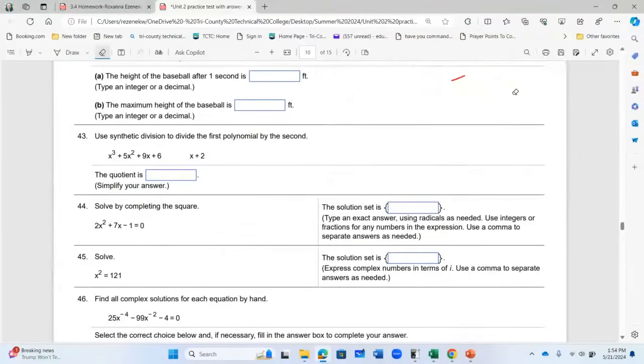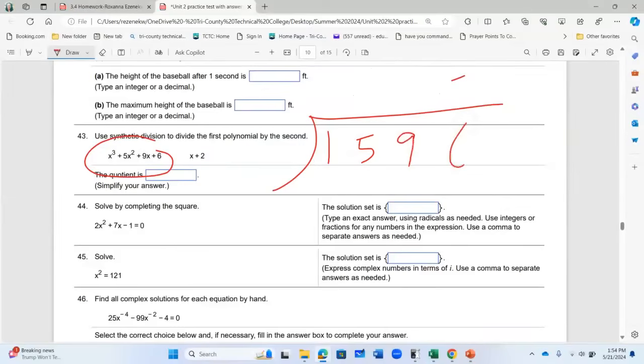I am told to use synthetic division. If I'm doing synthetic division, I first have to write the polynomial and make sure it's in standard form, and I'll put the division sign. This is a cubic polynomial, so the leading coefficient is 1, and the coefficients of the other terms are 5, 9, 6.